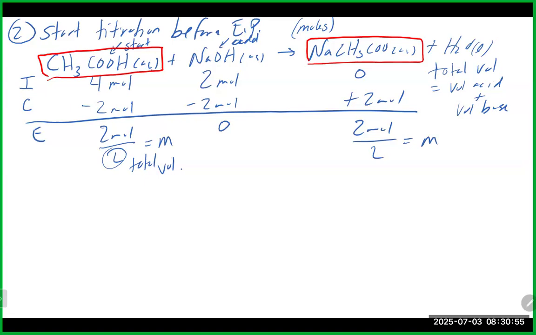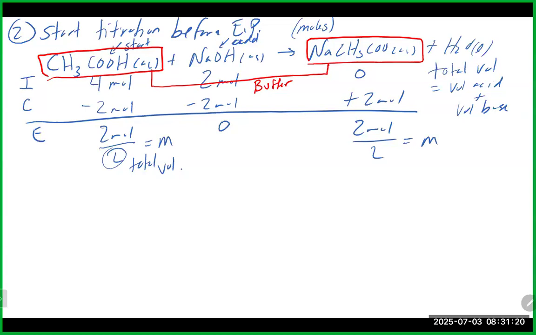And hopefully you can recognize that these two things are related to each other. That's acetic acid, which is a weak acid. That is sodium acetate, which is a salt of its conjugate base. That is barely a buffer at this point. And you will always hit a buffer at this point of the titration in this type of titration.